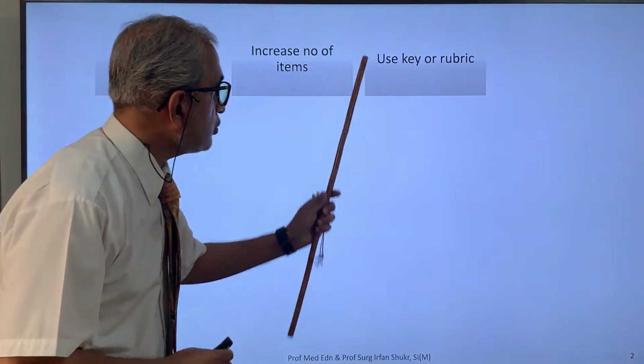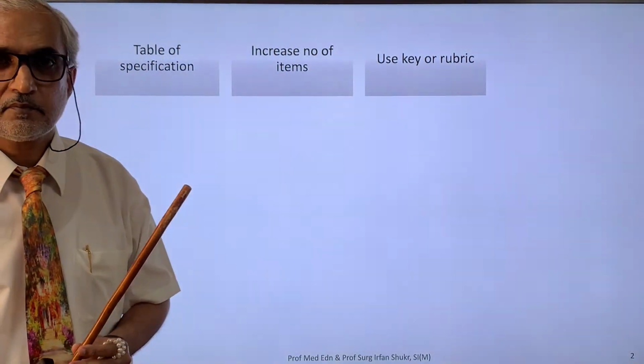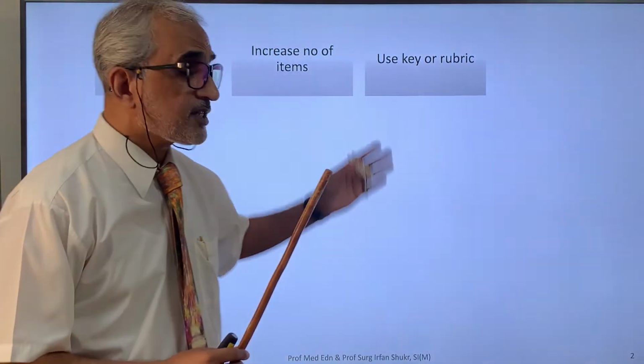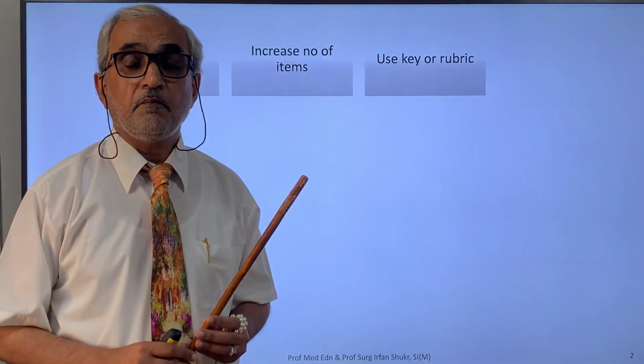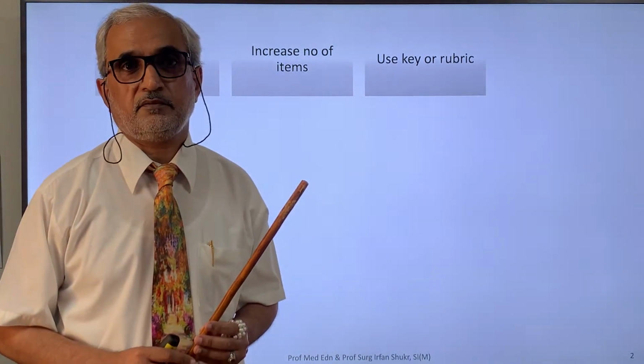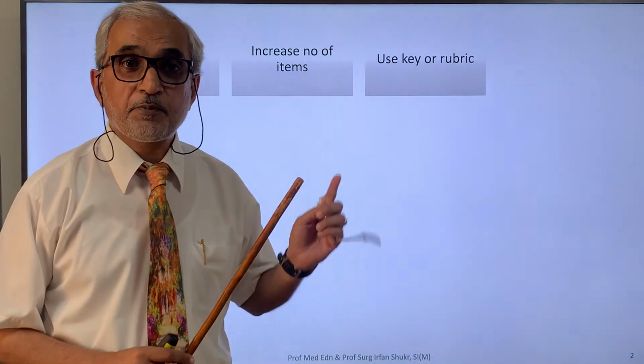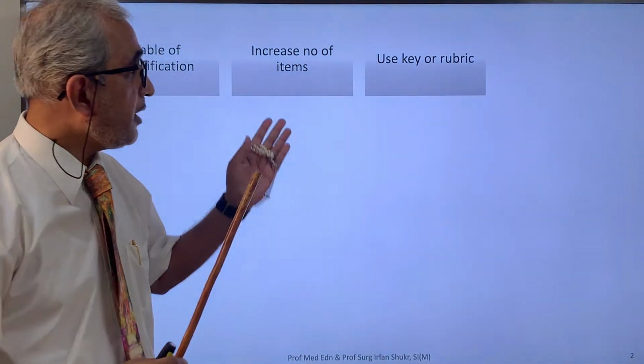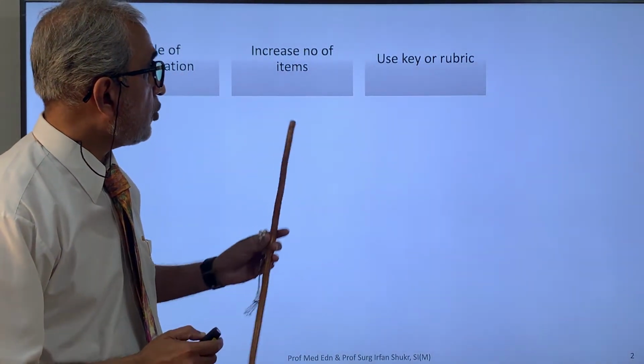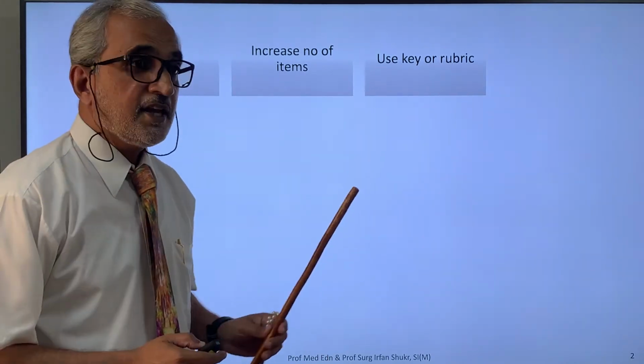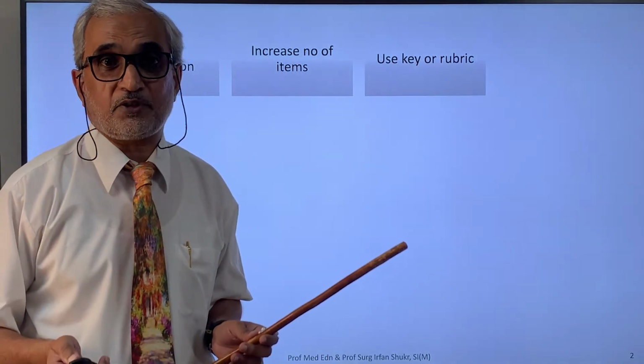So it is important to develop a key and rubric. The more robust the key, the more the objectivity. So objectivity is increased by means of a key. Not only that, the key is going to increase the reliability also.